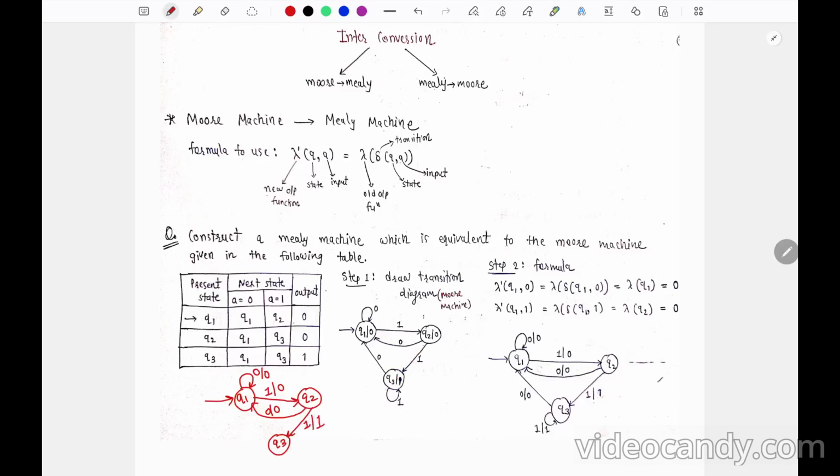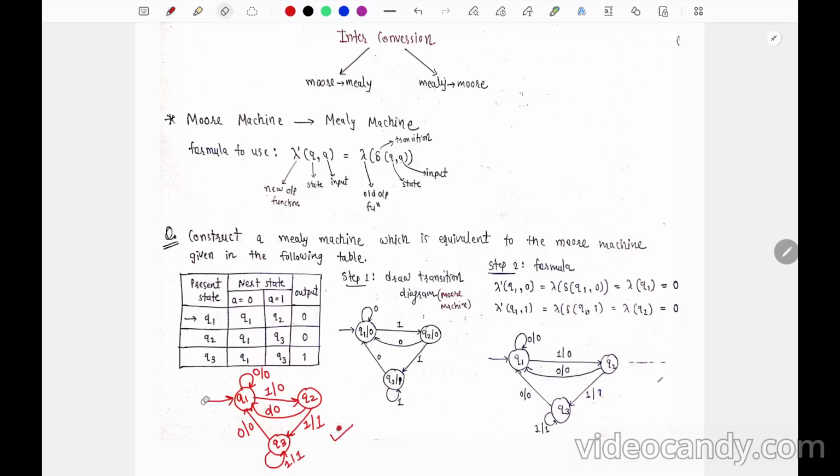If we give Q3 input 0, it goes to the Q1 state, where the output of Q1 is 0. If we give Q3 input 1, it goes to the state itself with output 1. This is the diagram of the Mealy machine.